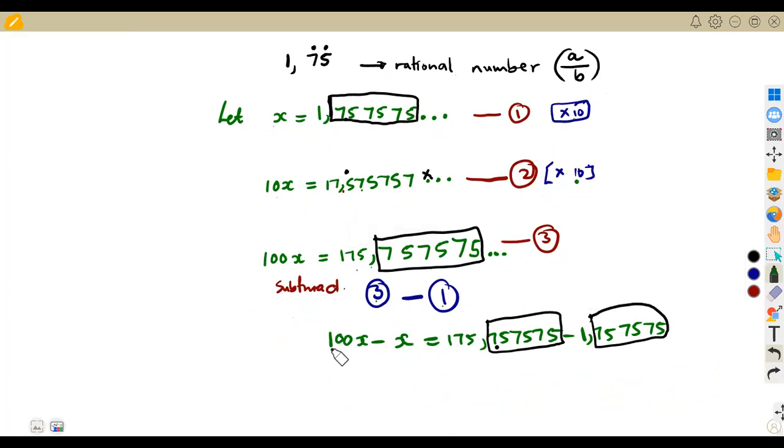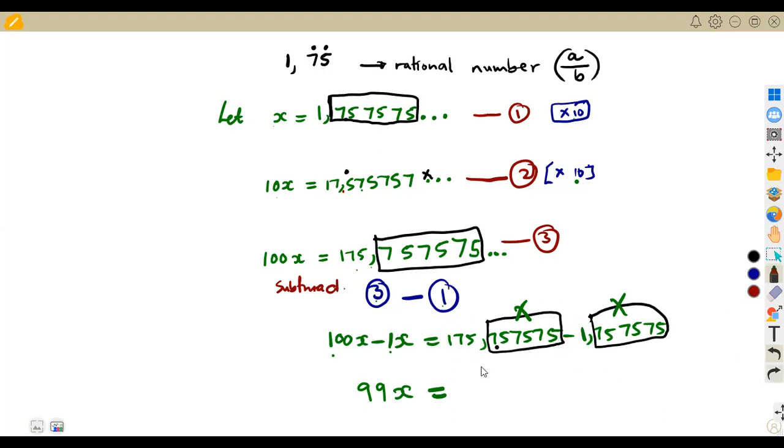So here let's subtract 100x minus x. It means 100 minus 1, which is 99x, is equal to, since this part is cancelled with this part, you are going to remain with 175 minus 1.